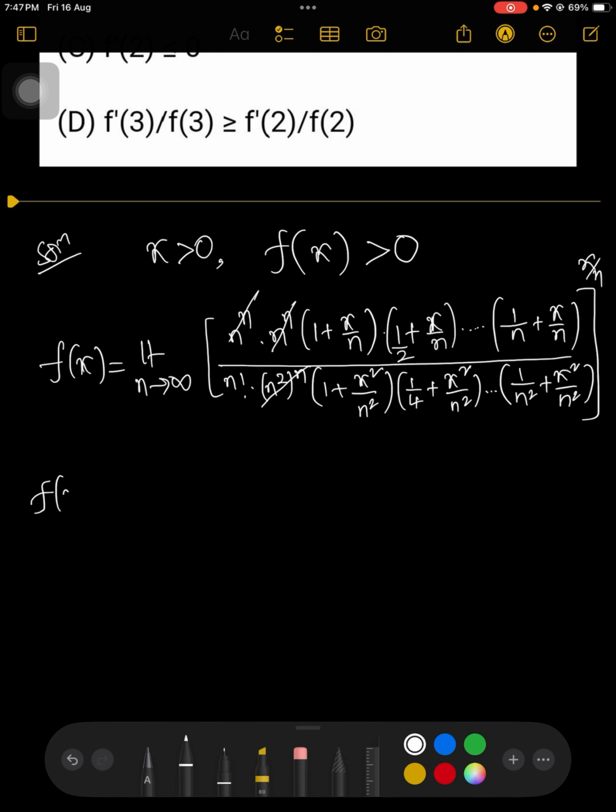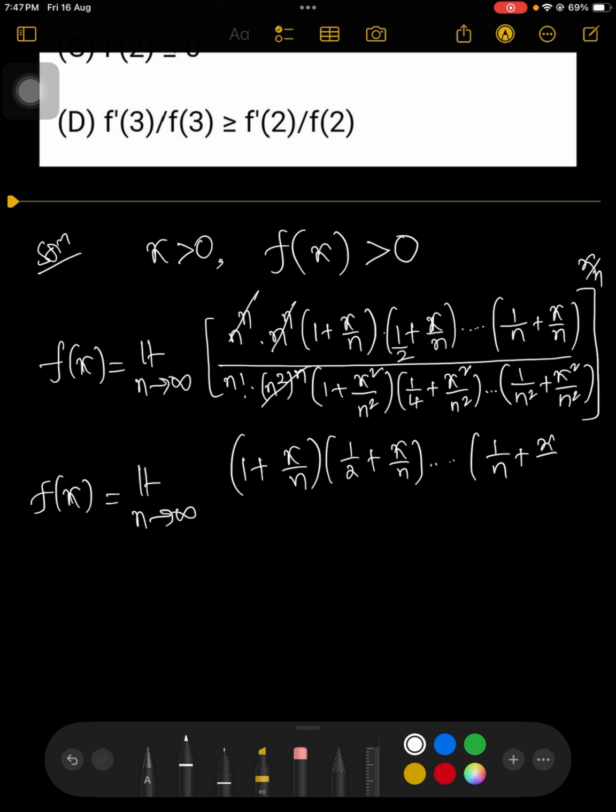Now just look at the question: f of x equals limit n tends to infinity. The numerator you can write as it is: 1 plus x by n into half plus x by n and so on up to 1 by n plus x by n, divided by, here the term n factorial is there. N factorial we know is 1 into 2 into 3 and so on up to n.